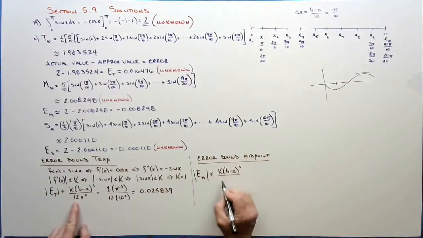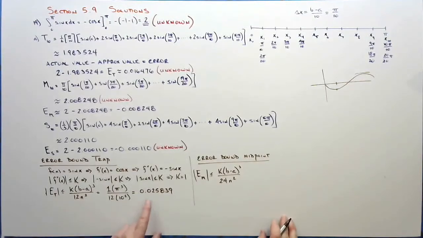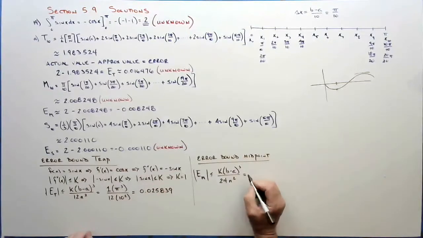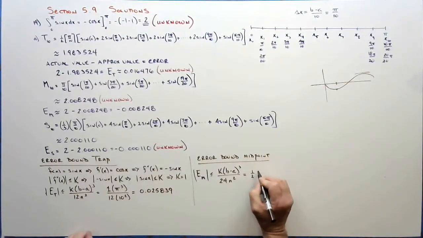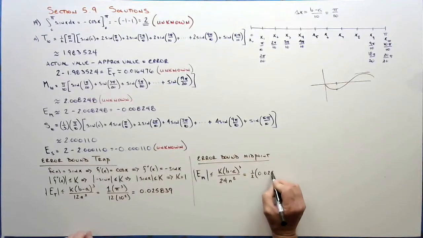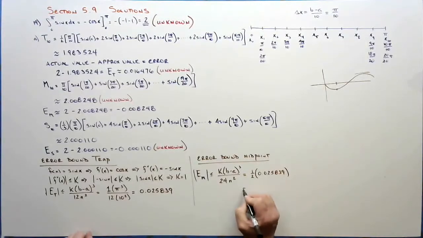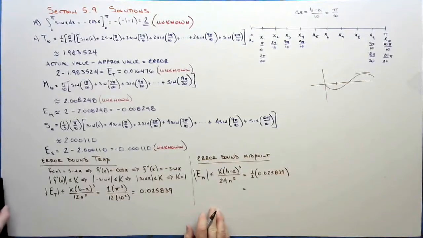Instead of a 12, we get a 24 n squared. That's this multiplied by a half, right? Because it's the same formula, except instead of a 12 on the bottom, we have a 24. To get from 12 to 24, we multiplied by 2. So all we have to do to calculate this is take 1/2 and multiply it by 0.025839, and that'll give us our error bound for the midpoint rule.